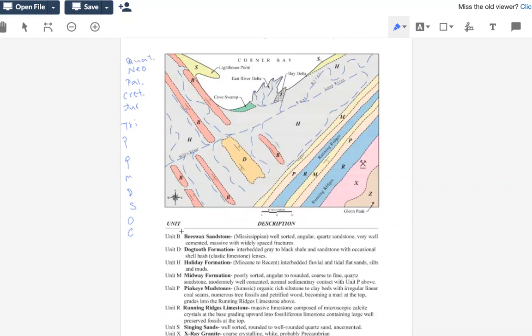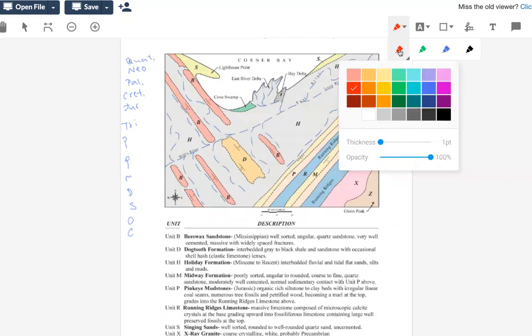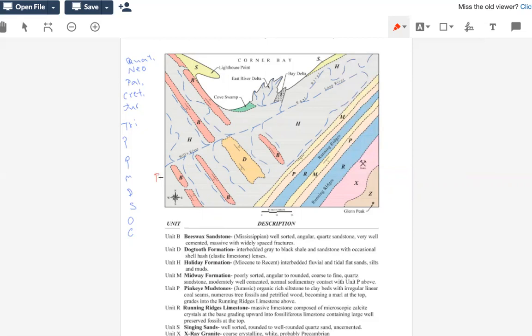Okay, so unit B is Mississippian. So I know I can place it here. And a holiday formation is Miocene. So Miocene is in the Neogene.